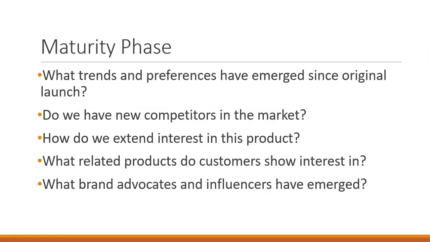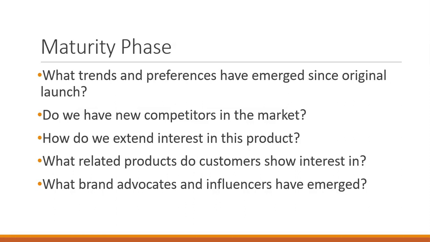How can we cross sell other related products to keep people on board with us? Are we thinking about launching a new iteration of the product or doing some kind of redesign to revamp and expand interest in this product? And how are we going to leverage ourselves against any new competitors that have emerged?